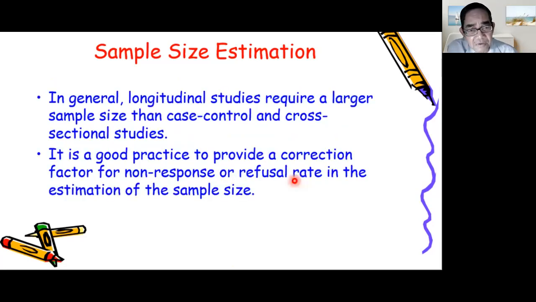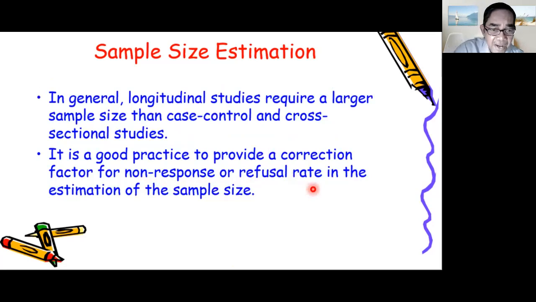In general, longitudinal studies, meaning those studies that will require follow-up, require a larger sample size than case control or cross-sectional studies. The reason for that is you need to provide a correction factor for non-response or refusal rate, or defaulters, attrition.